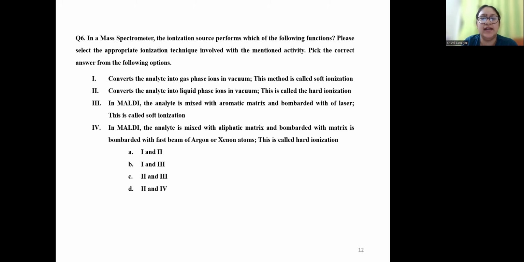So converts analyte into liquid phase ions in ionization, is it liquid phase ions in vacuum? Which one? And what is hard ionization?